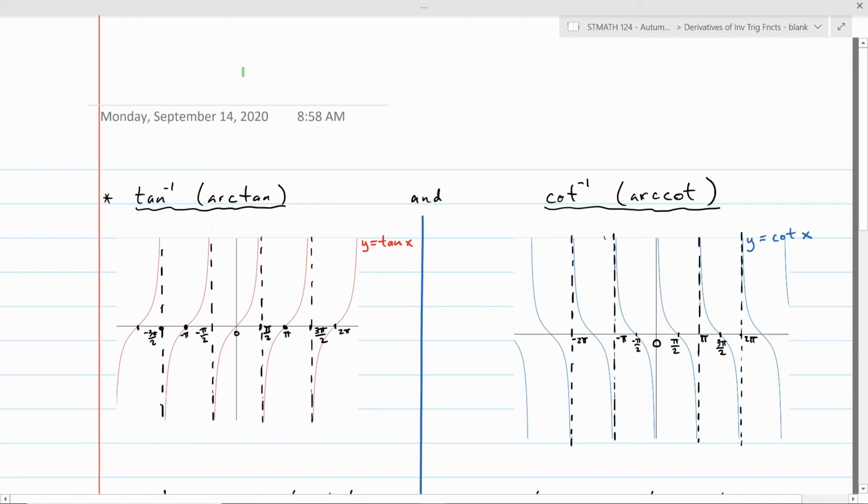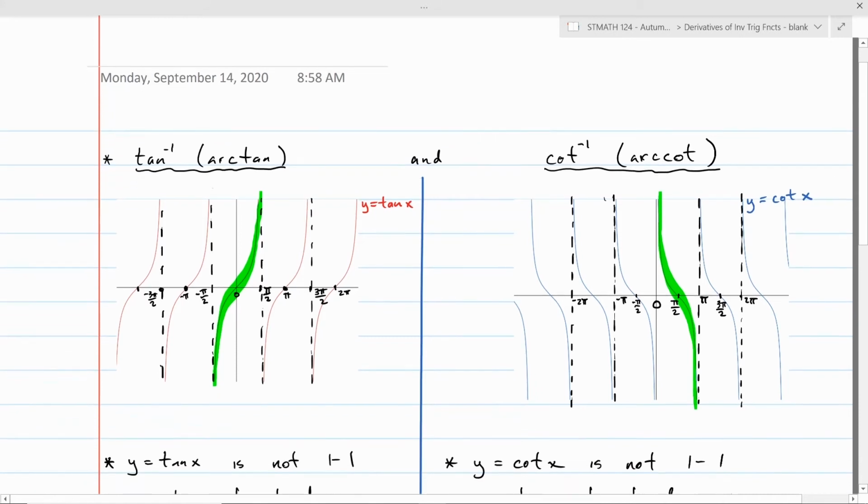I see lots of pieces where it is 1-to-1, but the sort of standard answer is to pick this piece right here. So tangent is 1-to-1 if you restrict your attention to that little piece of the tangent function. And similarly, the cotangent function, we usually pick this piece right here between 0 and pi.